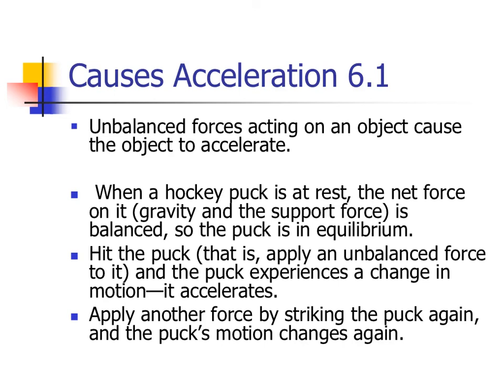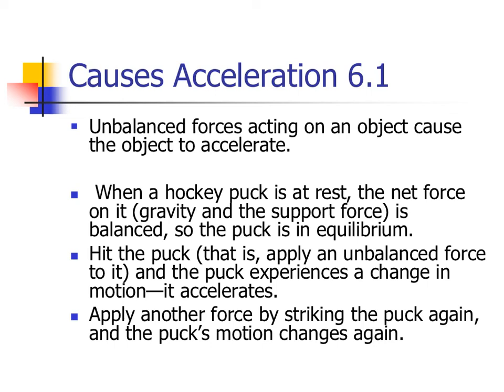So when these forces are unbalanced, such as when a hockey puck is at rest and somebody hits it, for a very short amount of time that object is interacting with the hockey puck and it starts moving down the ice. Now there is also a resistance to it moving down the ice.